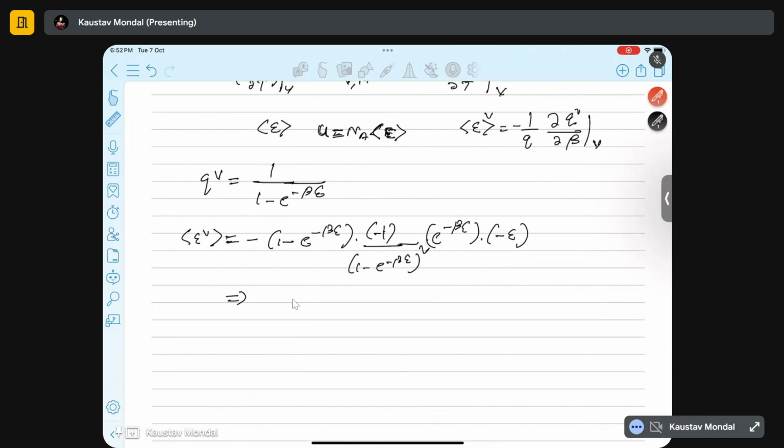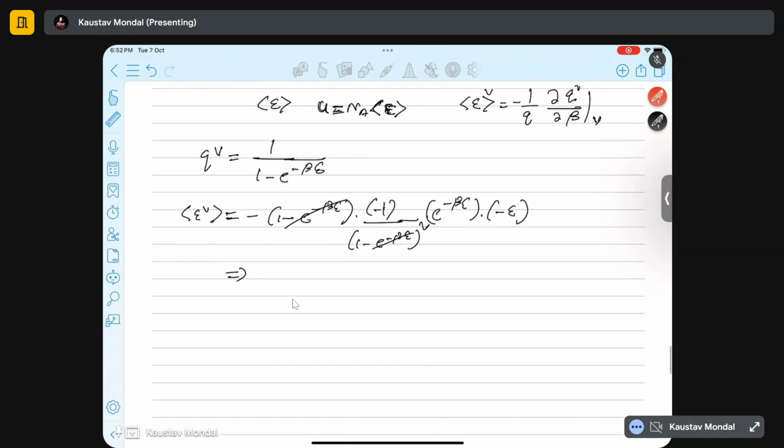Now this will cancel, this will become plus e to the power minus beta e over 1 minus e to the power minus beta e. This is the vibrational, average vibrational energy.